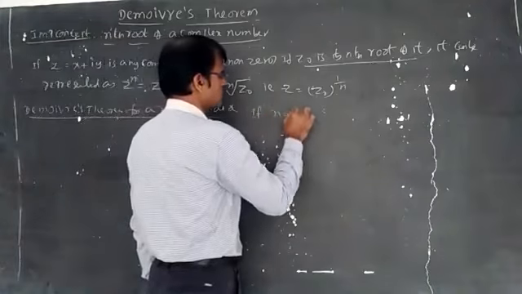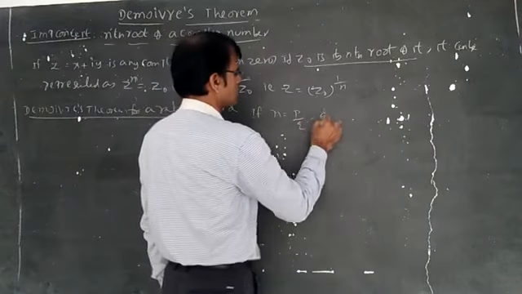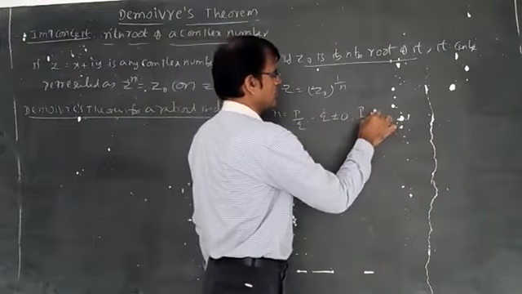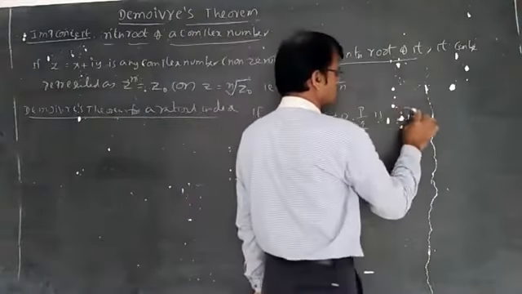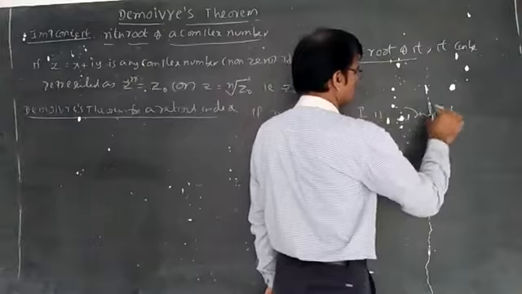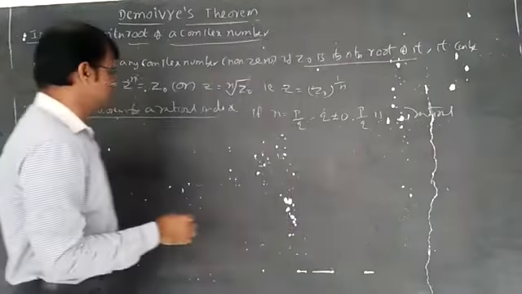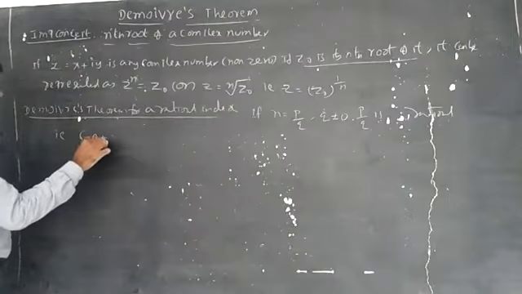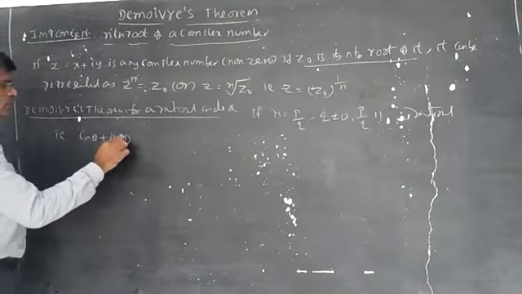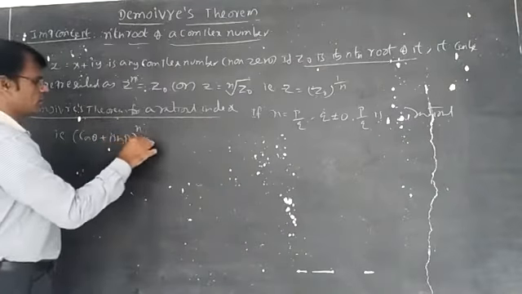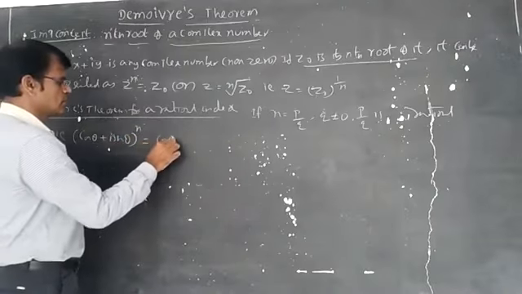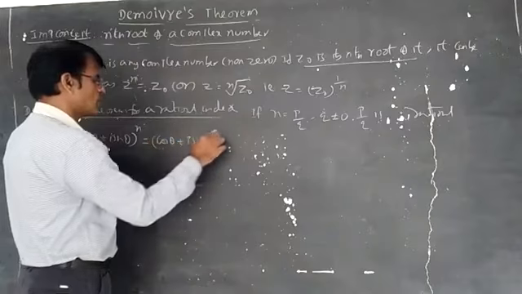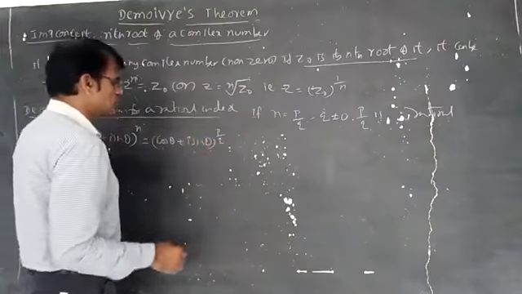If n is equal to p by q, where q is not equal to 0 and p by q is rational, then cos theta plus i sin theta whole power n is equal to cos theta plus i sin theta whole power p by q.